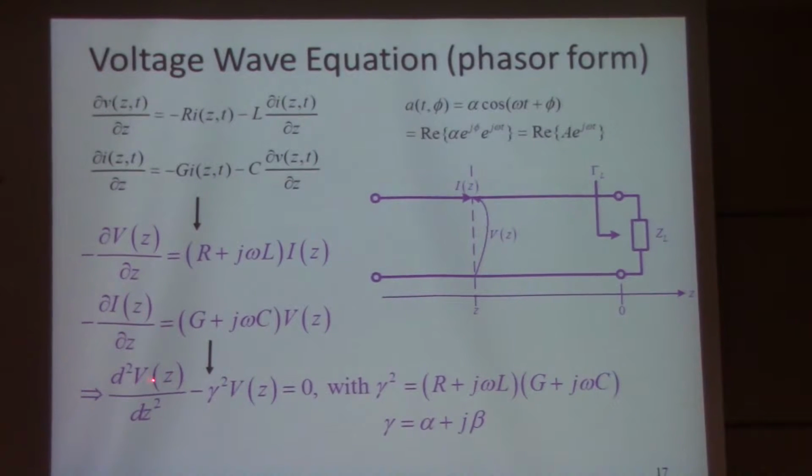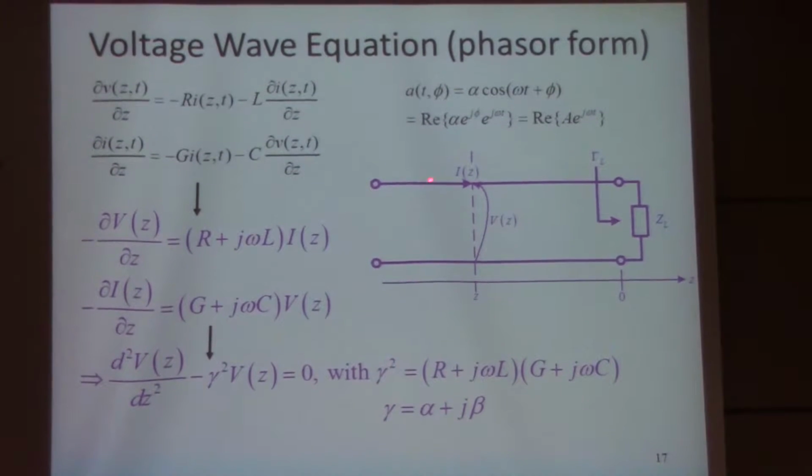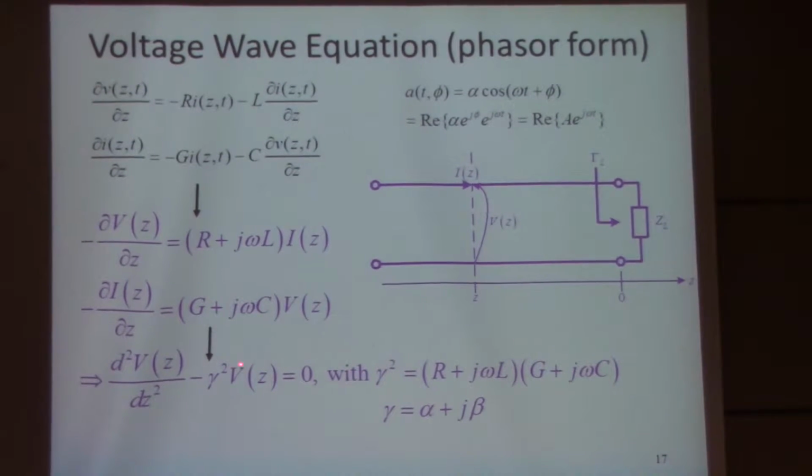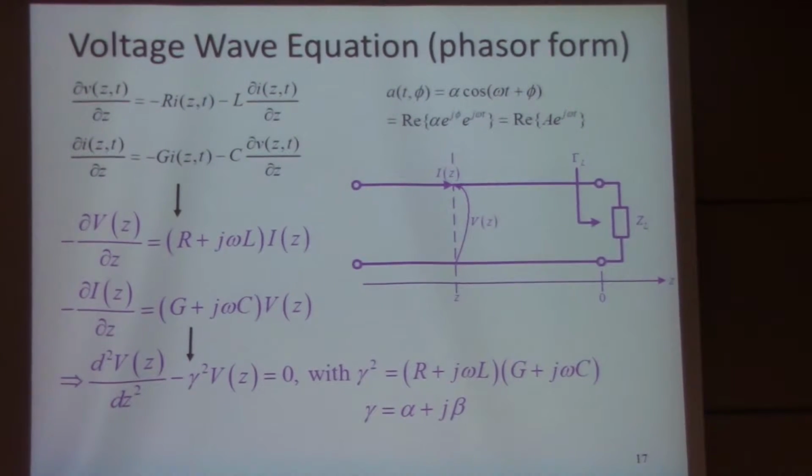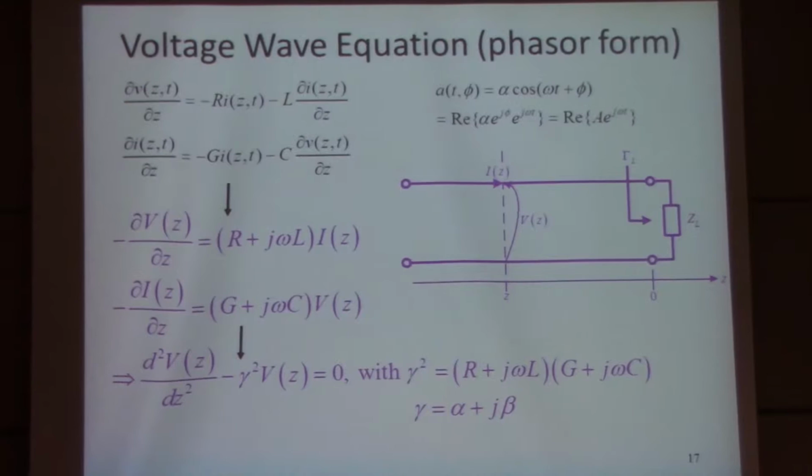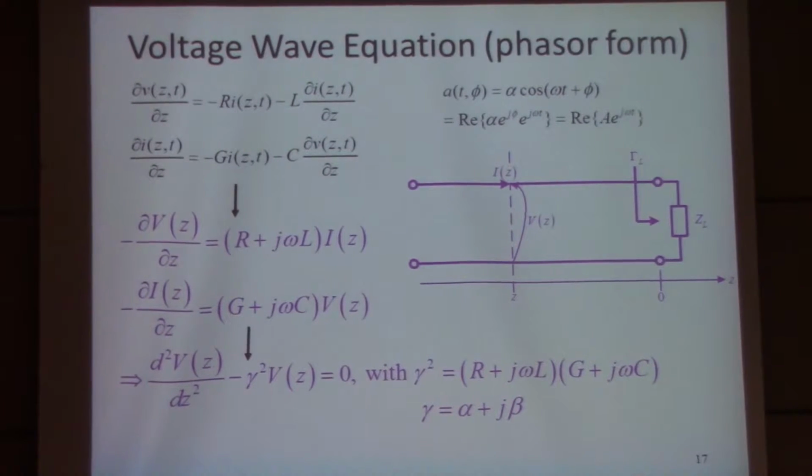So your voltage now is a wave along your transmission line, and this gamma is your propagation constant. It has two components. One is the attenuation: when the wave travels, it will be attenuated, reduced because of loss. The other one is the phase propagation constant, because at different points your wave phase will be different.